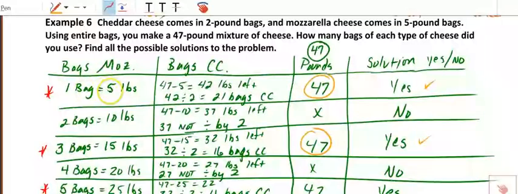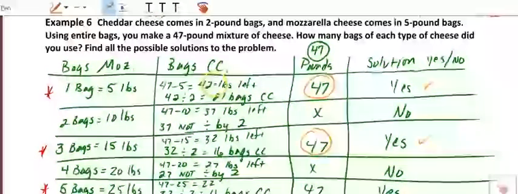If I could mix those to make 47, then I found a solution. So I started with 1 bag of mozzarella, which was 5 pounds. Then I subtracted 5 from 47. That means I had 42 pounds left. The question was, could I get enough cheddar cheese bags to make up those 42 pounds?